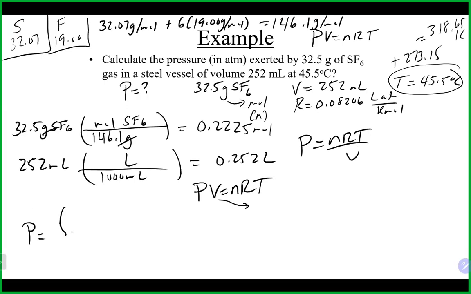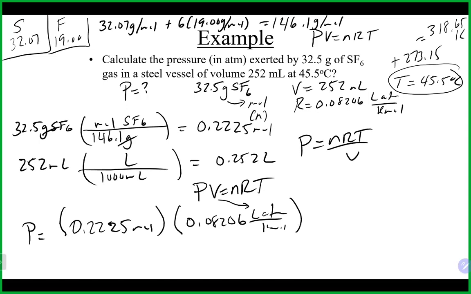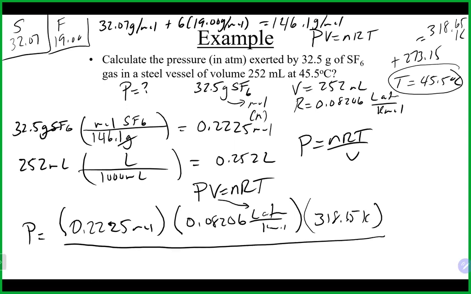So our n was 0.2225. My R is 0.08206. T is 318.65, all divided by our volume in this case, which is 0.252 liters.